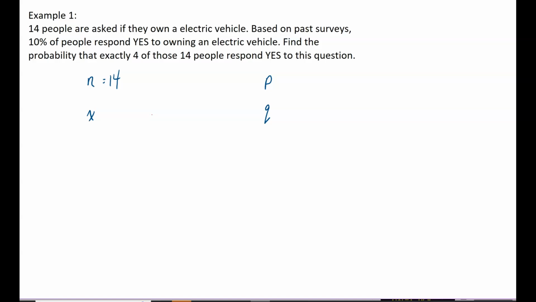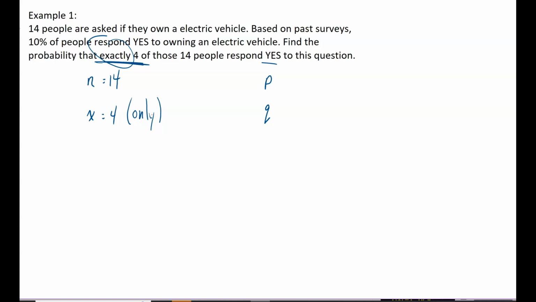A success in our case is answering yes. The probability that exactly 4 respond yes, so that'll be a 4. And in this case, it's only 4 because it's exactly. That's important. Note the wording on that, because in the next example, I'll show you some different wording.